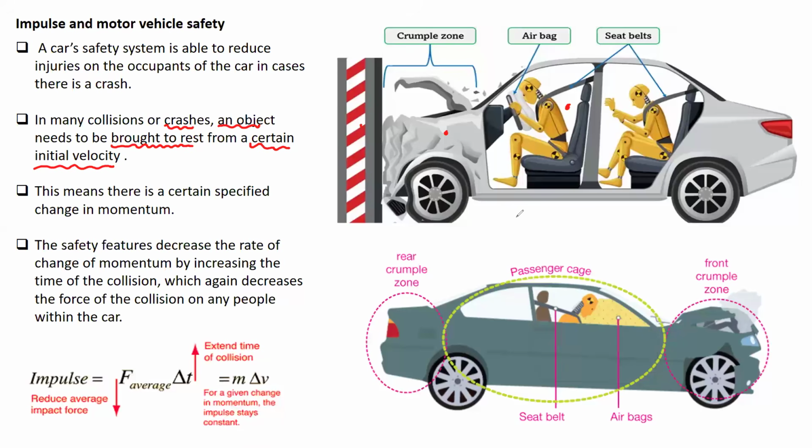If I'm moving forward, the seat belt applies a force trying to drag me backwards. If I'm moving forward, the airbag will pop out in a direction opposite to my movement.